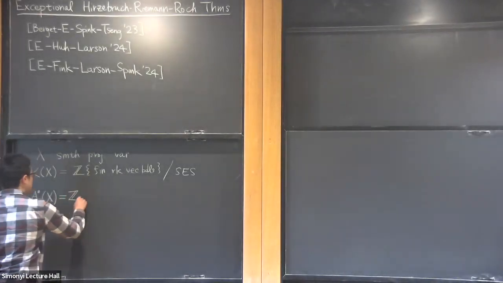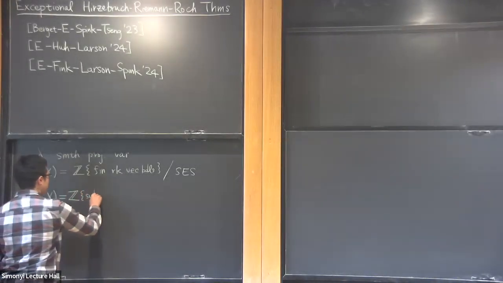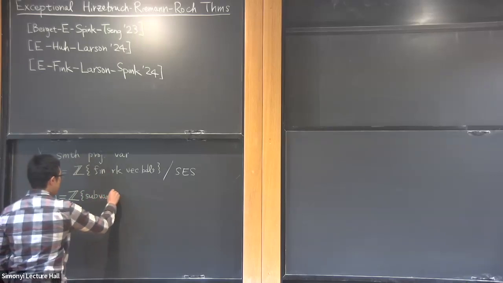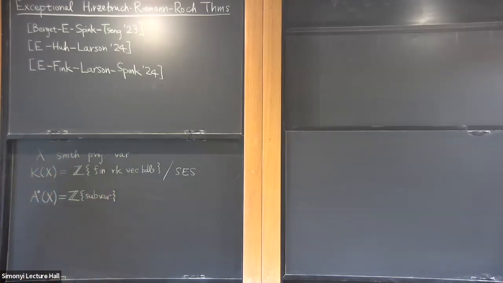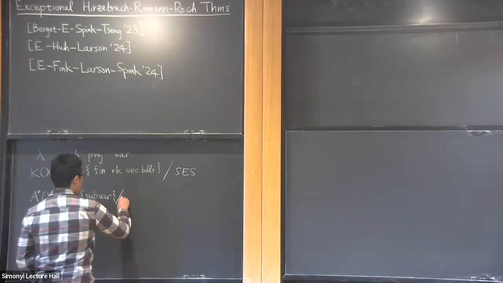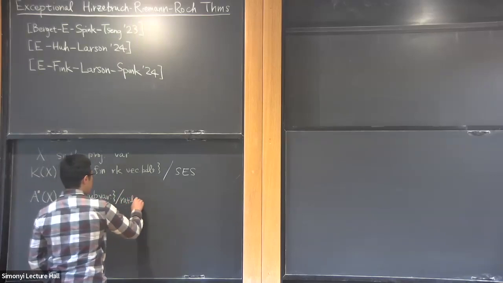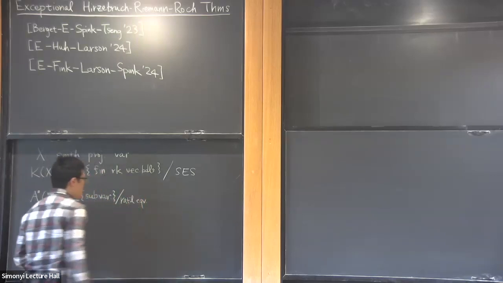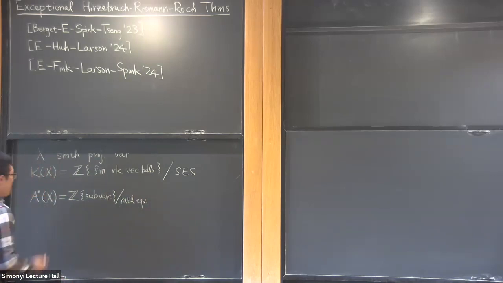And this, at least definition-wise, is the free abelian group generated by subvarieties, modulo rational equivalence. It won't really matter exactly what it is.